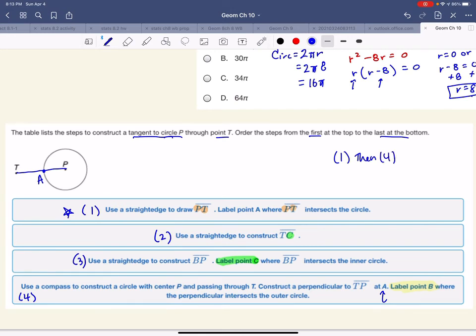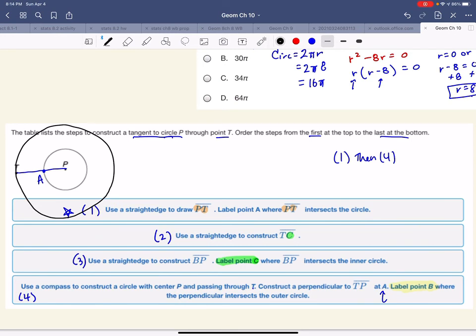So let's try that out. Use a compass to make a circle at center P passing through T. Construct a perpendicular to TP at A. Okay, so use a compass to make a circle, center P passing through T. So it's one of these concentric circles, similar to what we worked on, I think, example 5.